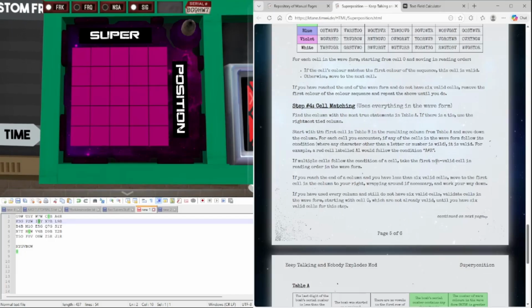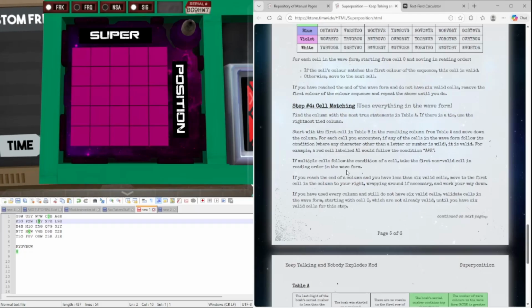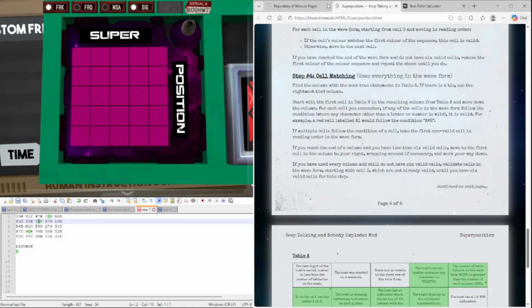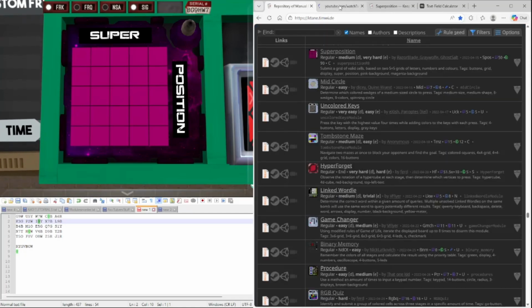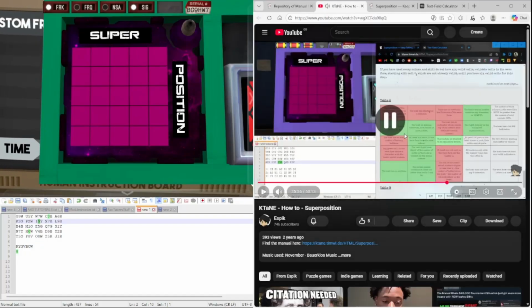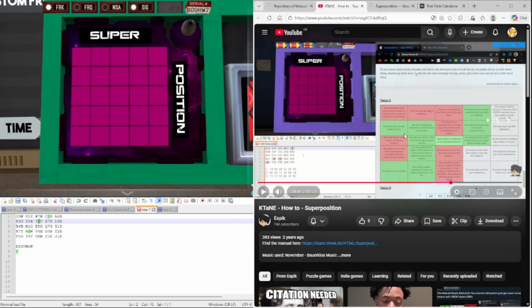The first non-valid cell in reading order of the waveform. Does that just mean general, or just out of the ones that followed that rule?